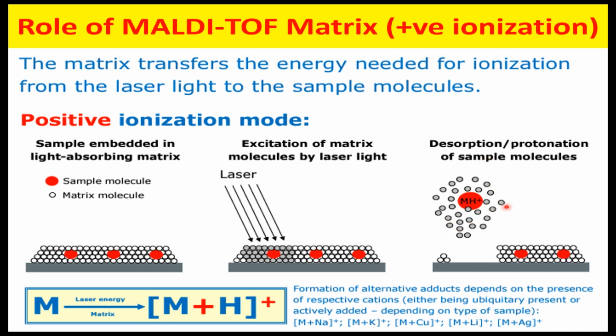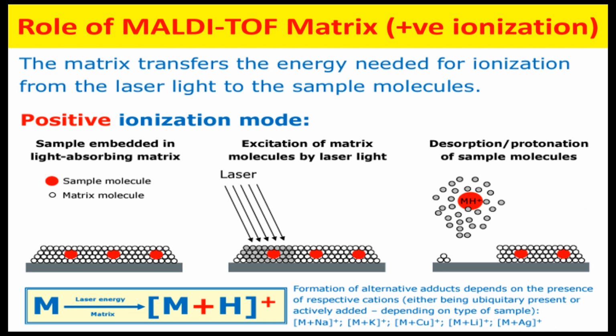And then what happens, you know very well. The ions are generated, and on the basis of mass charge ratio and charge intensity, they hit the detector at different speeds, and peaks are generated at different locations.